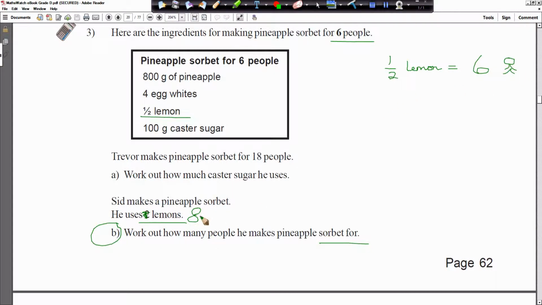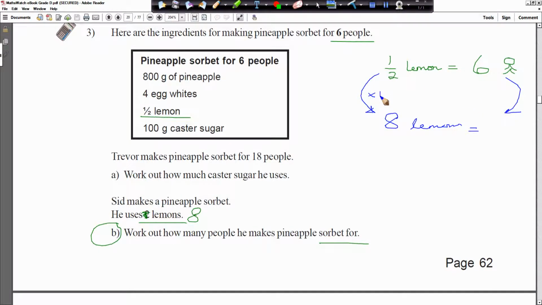Now, he has used 8 lemons. So you have to think, how did he get from half to 8? What did you times it by?